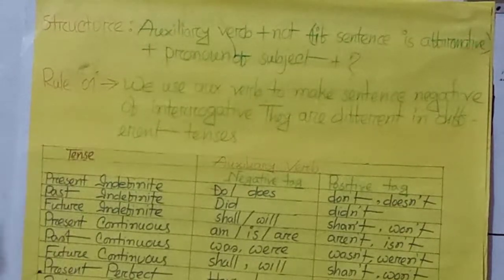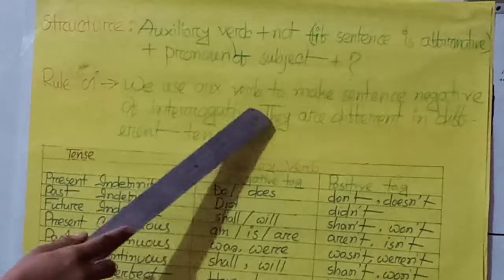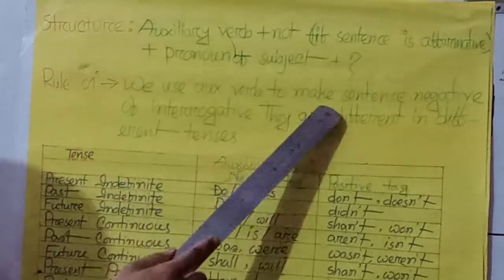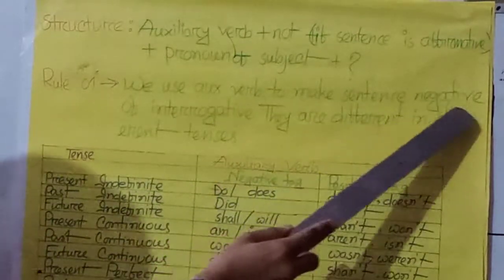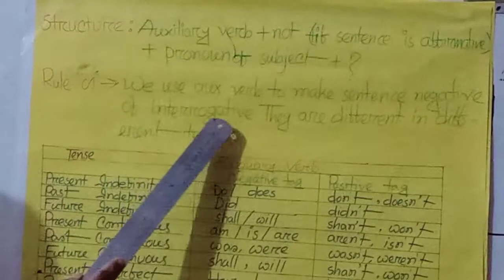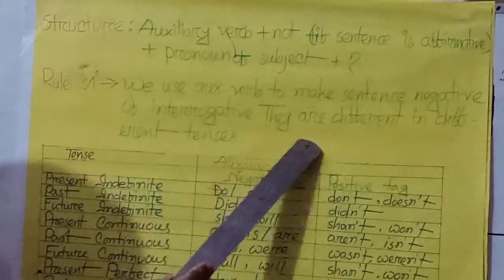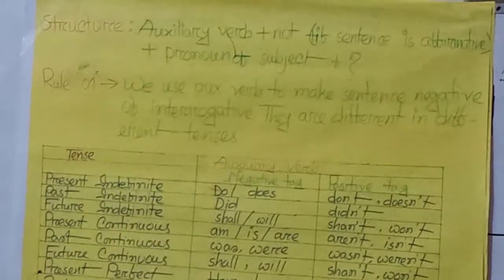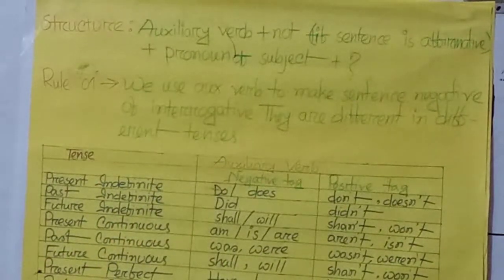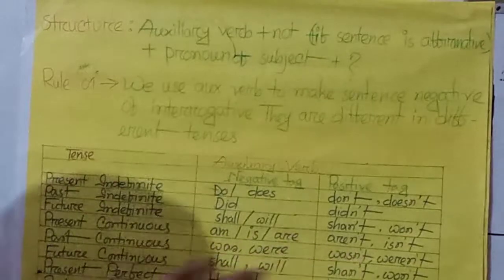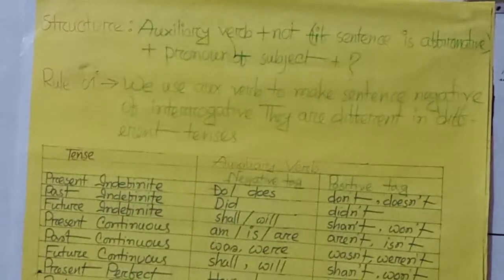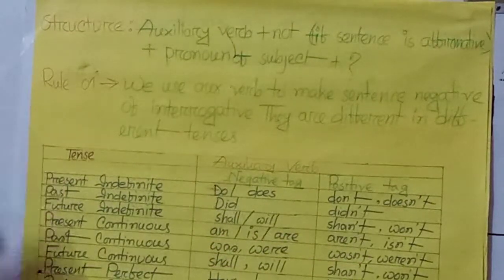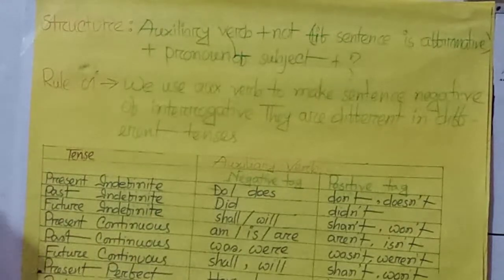Rule number 1. We use auxiliary verbs to make a sentence negative or interrogative. They are different in different tenses. Students, there are some auxiliaries which we use in different tenses.